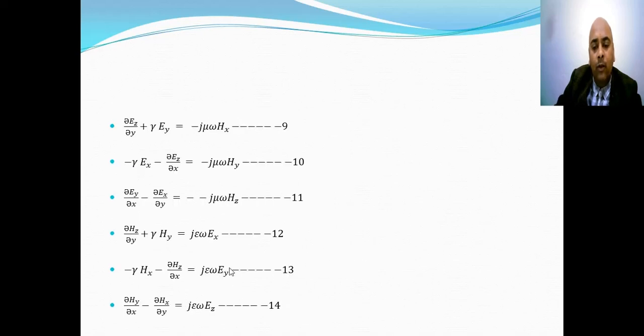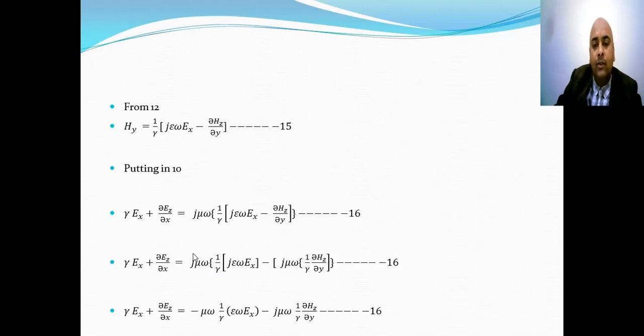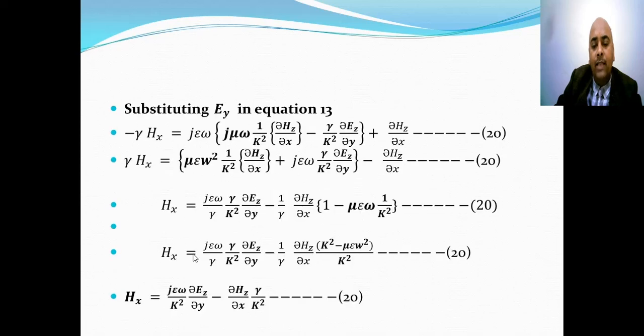After putting the value of Ey here in terms of Ez and Hz, we can find Hx. The value of Hx that we obtained from here is j epsilon naught omega by k square into curly Ez upon curly y minus curly Hz upon curly x into gamma upon k square.